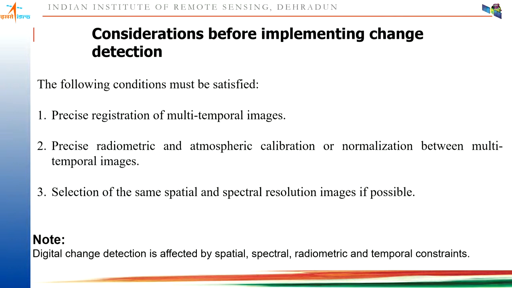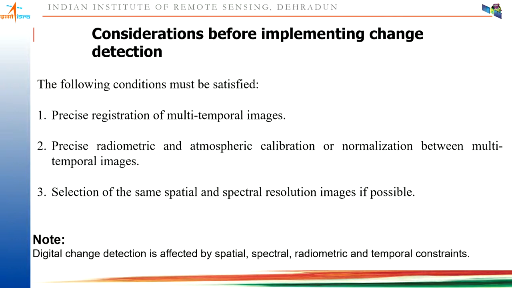Secondly, the atmospheric conditions should be nearly the same. Precise radiometric and atmospheric calibration or normalization should be done. It should not happen that one image has very fine radiometry and no haze, while in the second image you have atmospheric haze, clouds, and so on.